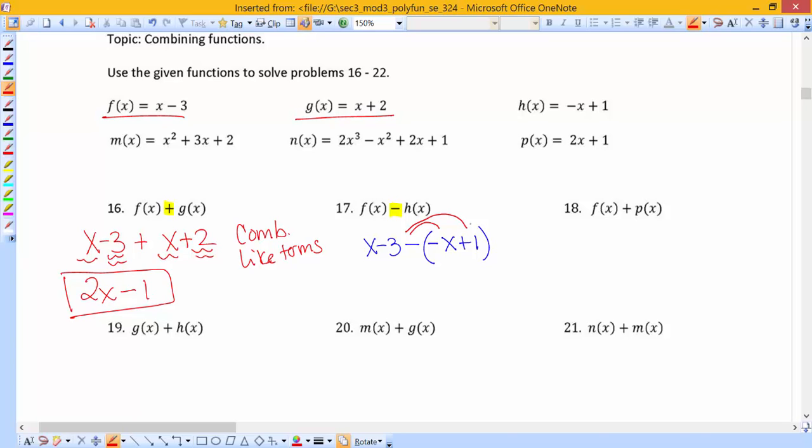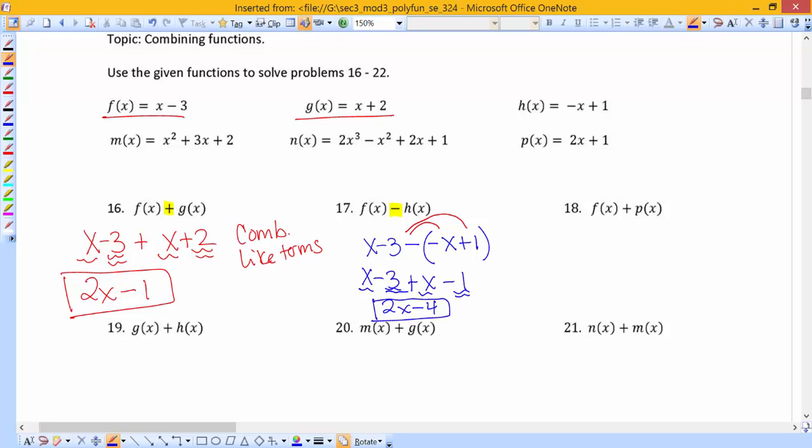And that would be bad. So now I distribute my negative and I am left with x minus 3. Negative times a negative is a positive x, and then a negative times a positive is a negative 1. X and x is 2x. Negative 3 and negative 1 is negative 4. I wrote a little too big. All right. So that takes care of 16 and 17.